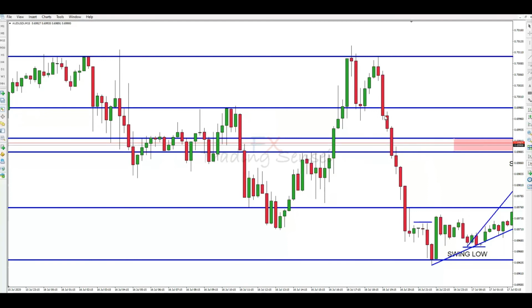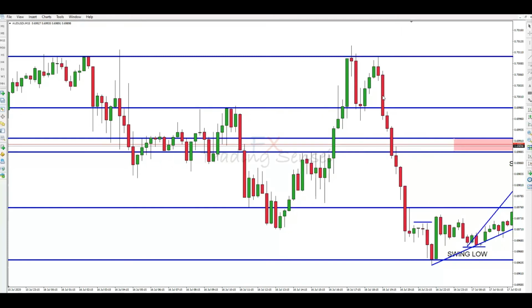Notice it tried to go back to test it before going lower. So in this case, this would be a swing high, a swing low. This would be another swing high, and price is coming down.